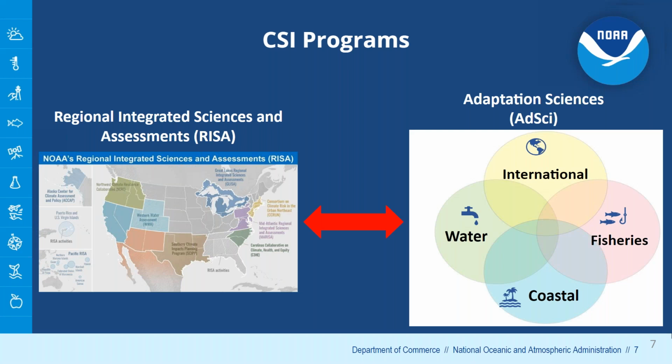The Adaptation Science Program is composed of several lines of effort that reflect societal needs and opportunities for collaboration with partners, both within and external to NOAA. AdSci's current lines of effort include partnerships and research projects focused on climate impacts on fisheries and pathways for adaptation in fishing communities, or our CAFA program, which is where Jen and Grace are working.